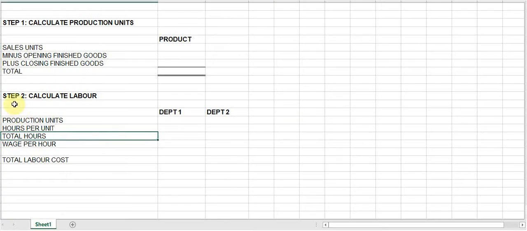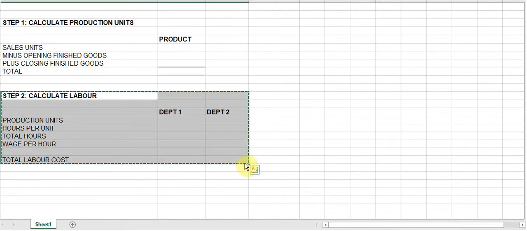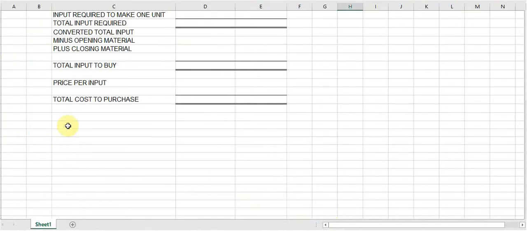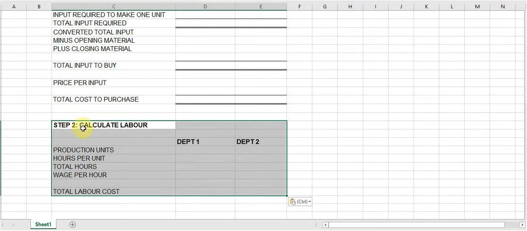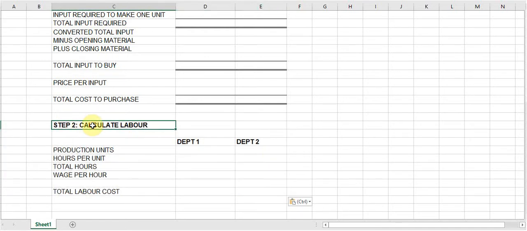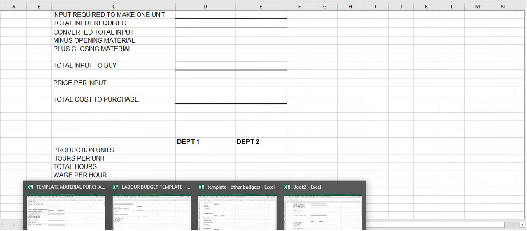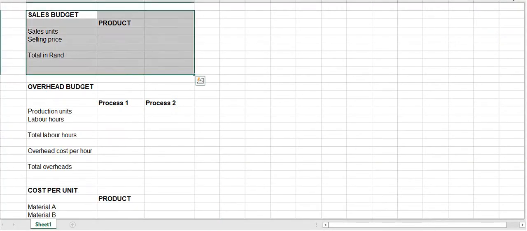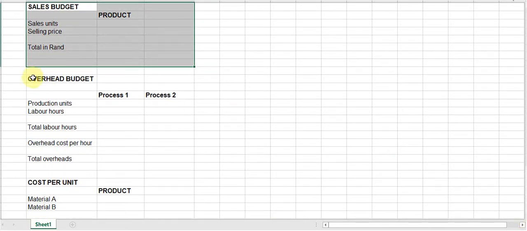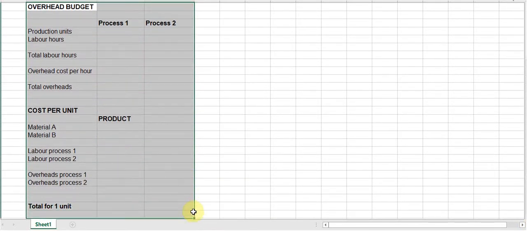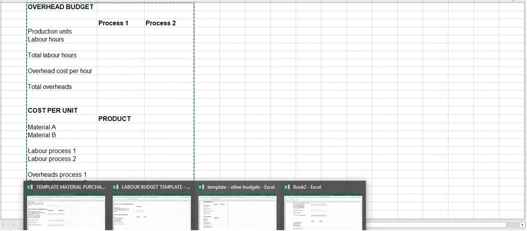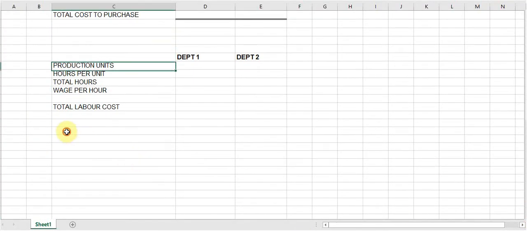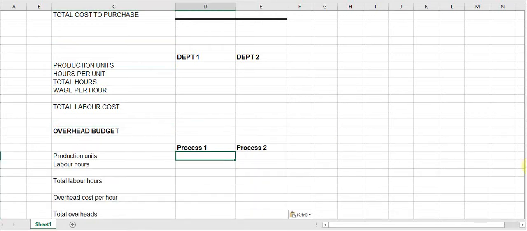I'm just copying everything at once so that I don't have to go back and forth. We need to number them appropriately. Again, we don't need the step number in this instance. Then on other budgets, we need the overhead budget and the cost per unit. So I'm also going to copy those. And then we will just customize our answer as we go along.